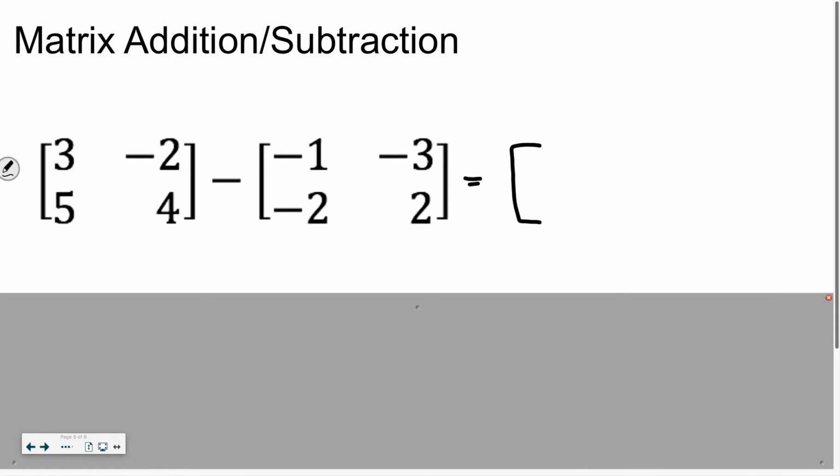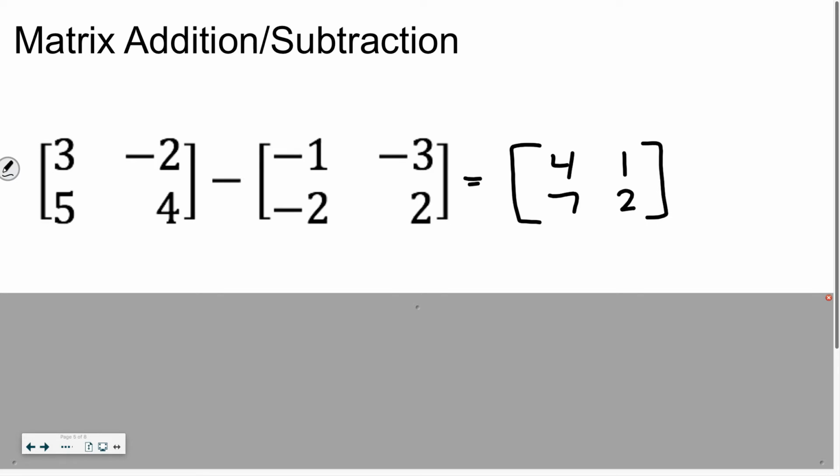So our answer is going to be another 2 by 2. 3 minus -1 is really 3 plus 1 or 4. -2 minus -3 is 1. 5 minus -2 is 7. And 4 minus 2 is 2.